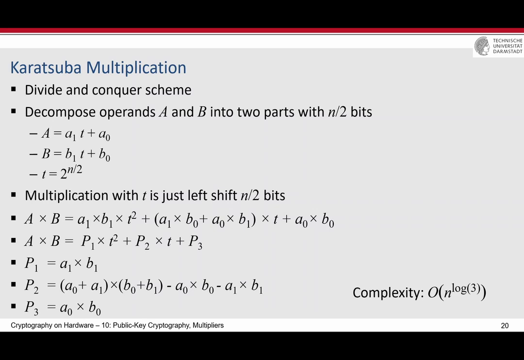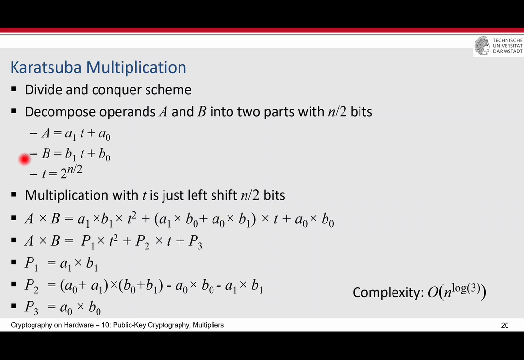The Karatsuba says like this: you have operands A and B, and each one has n bits, and then you divide them into halves, I mean n/2 bits, in a way that you can write A as a smaller A1 multiplied by T plus A0, and this T is 2 to the n divided by 2.